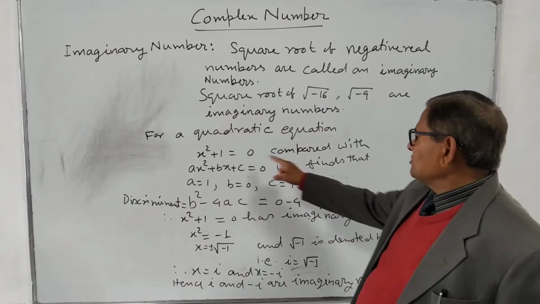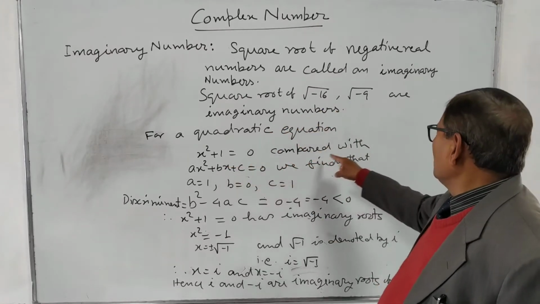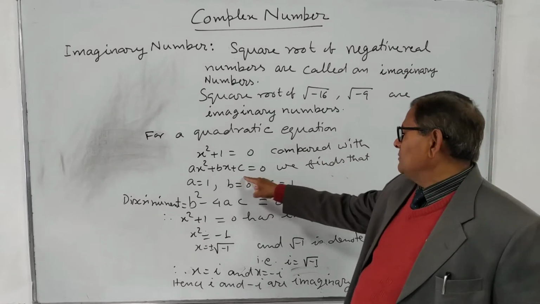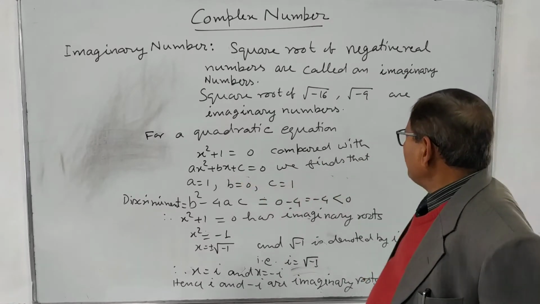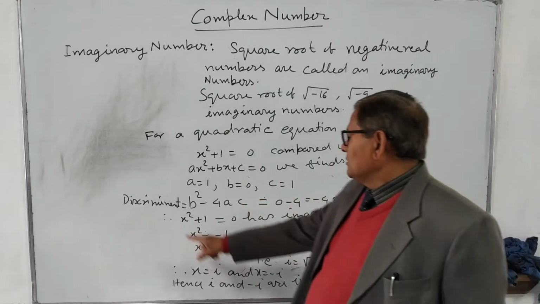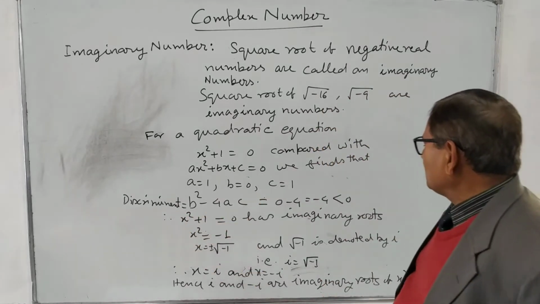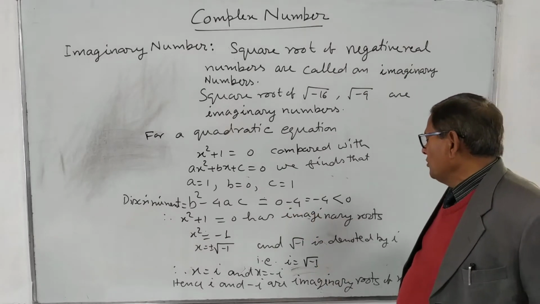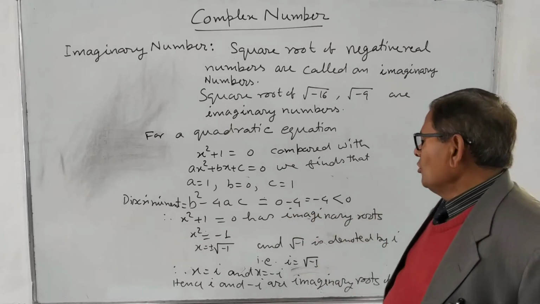For a quadratic equation x square plus 1 equal to 0, compared with ax square plus bx plus c equal to 0, we find that a equal to 1, b equal to 0, c equal to 1. Discriminant equals b square minus 4ac equals 0 minus 4, that is minus 4, which is less than 0.